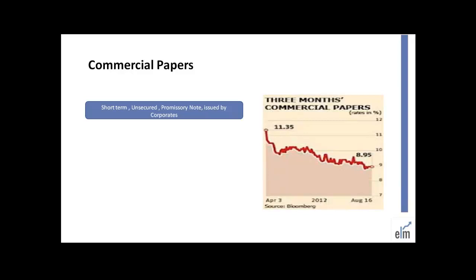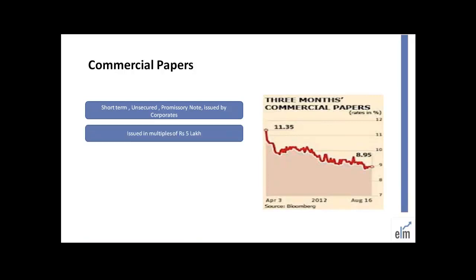Unlike CDs, which were issued by banks, CPs are unsecured promissory notes which are issued by the corporates. Now, these topics are quite important from the examination point of view, as we might face a lot of short questions from this segment.